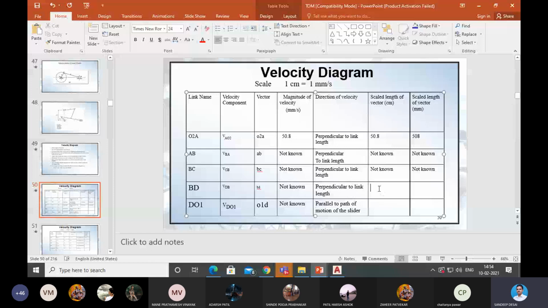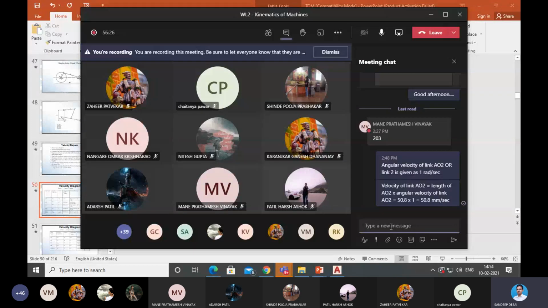Write down quickly in the chat box, yes or no, if you have understood all these points. There are 54 students present. Quickly write down yes, no. Please do it fast. Let me know if you have understood whatever we have discussed so far.